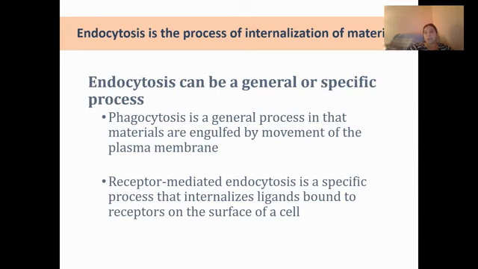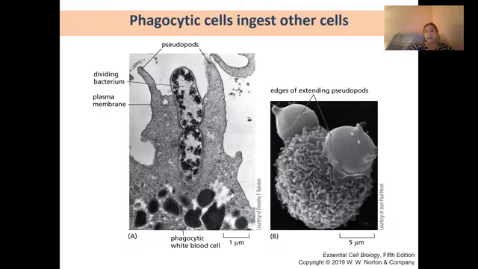It can be a general process or specific to a particular type of molecule or agent that the cell is interacting with. In this way, phagocytosis can lead to one cell ingesting another cell, or a cell ingesting just small molecules or agents from the outside, depending on what it is that it's doing.